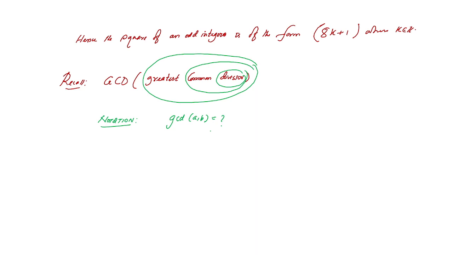The restriction is, when we find the greatest common divisor of two integers, a and b are not both 0. That means a square plus b square is non-zero, and that is, at least one of them is a non-zero integer.